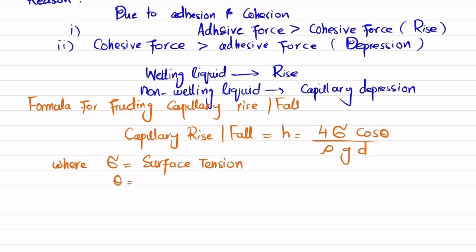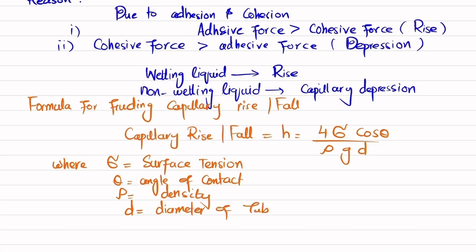theta is the angle of contact, rho is density or mass density, g is acceleration due to gravity, and d is the diameter of the tube.